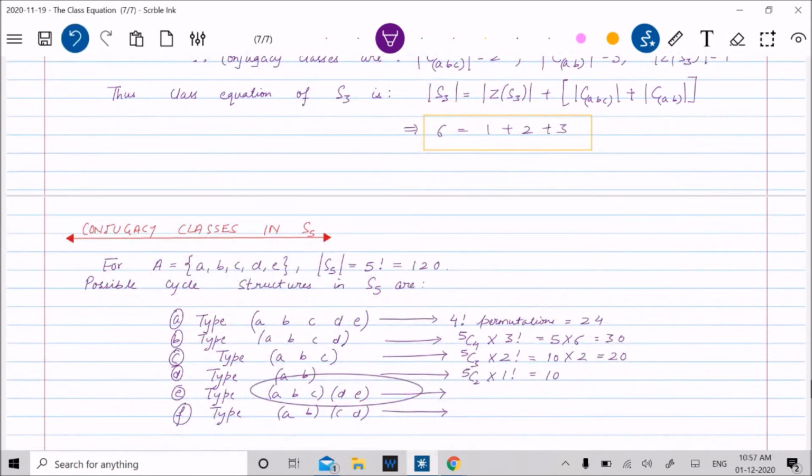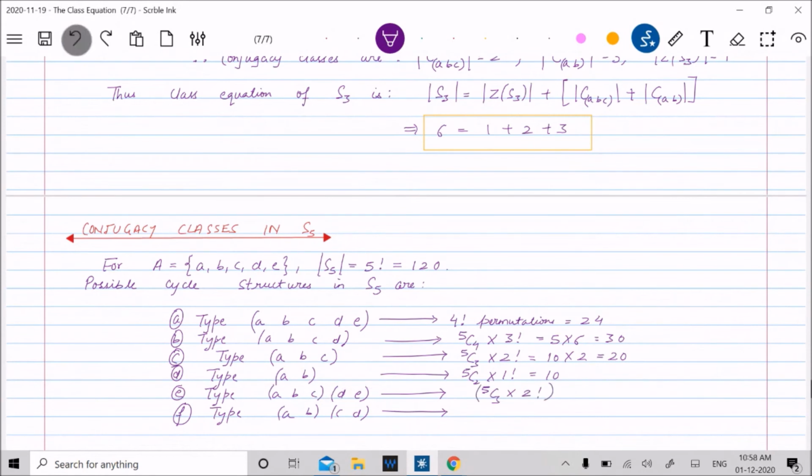Okay, now this is very important. Tell me how many there will be by counting. Please pay attention. In how many ways can you choose 3 symbols from 5 symbols? For this, it will be 5C3, and then out of the 3 chosen symbols, you have to arrange them in a circular arrangement, which can be done in 2 factorial ways. I'm putting a bracket here, right?